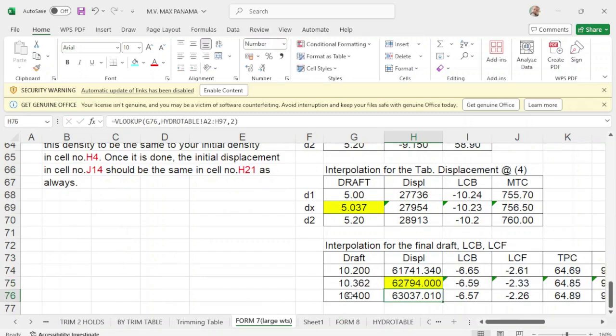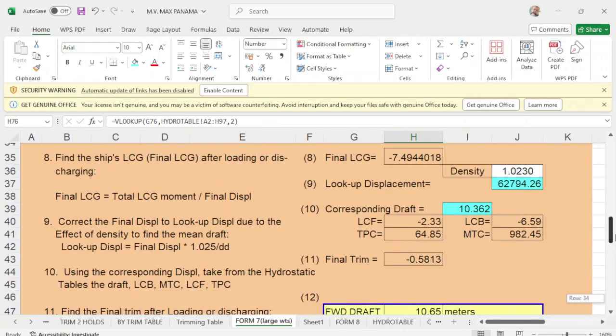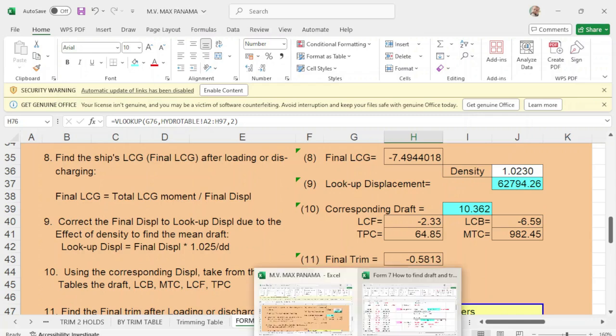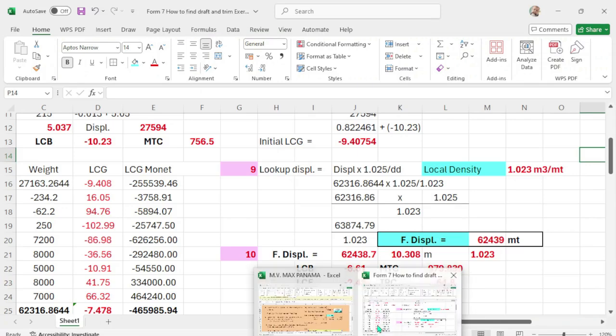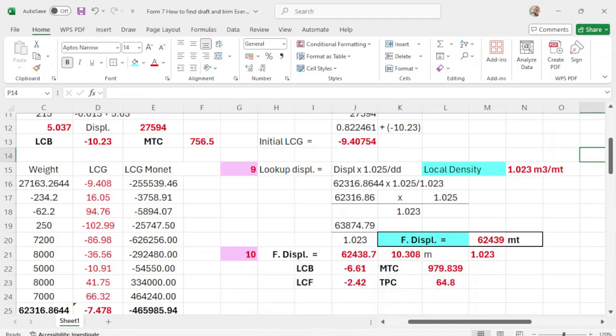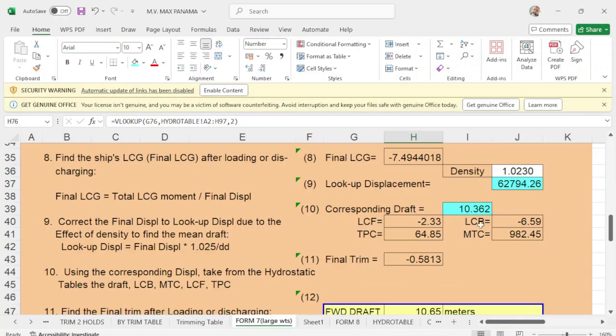That will be 1036. Got here 10,362. Okay, and I got 10,308. What you have is 1036. Big difference. Okay.